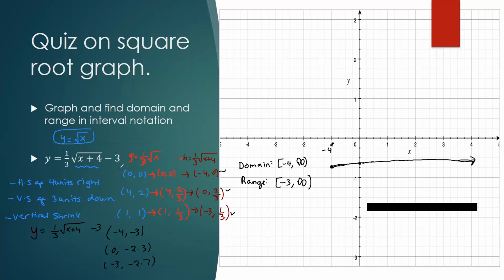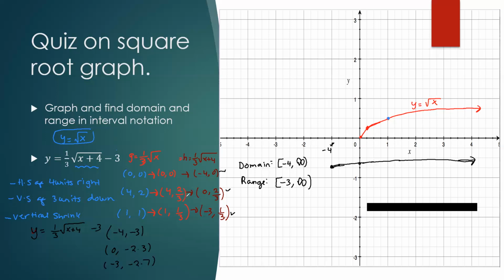If you graph the parent, 0, 0 would be right here, 4, 2 would be 1, 2, 3, 4 and then 1, 2, and then 1, 1. Then for the next one, it's 0, 0 and then 4, 2/3.